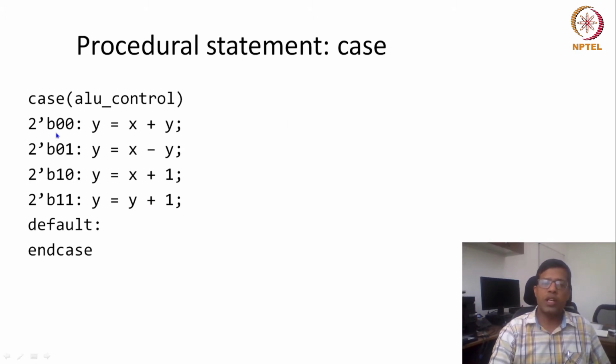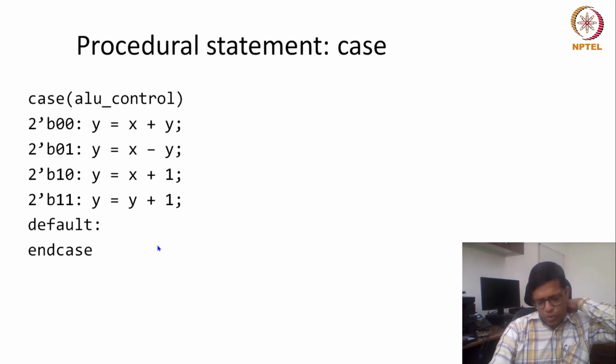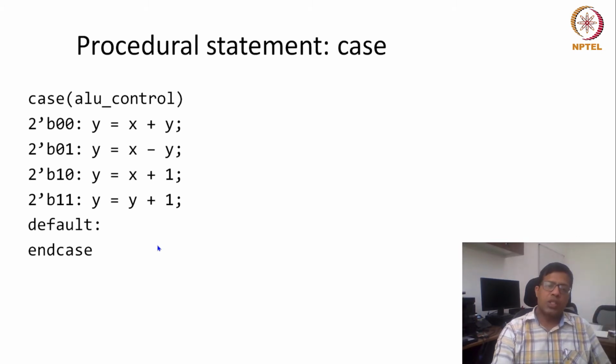And when all the case items are done, we have to write endcase so that we close this case block. The case block can be utilized to design multiplexers. For example, this is a kind of multiplexer where, based on the control, we decide what the output would be.